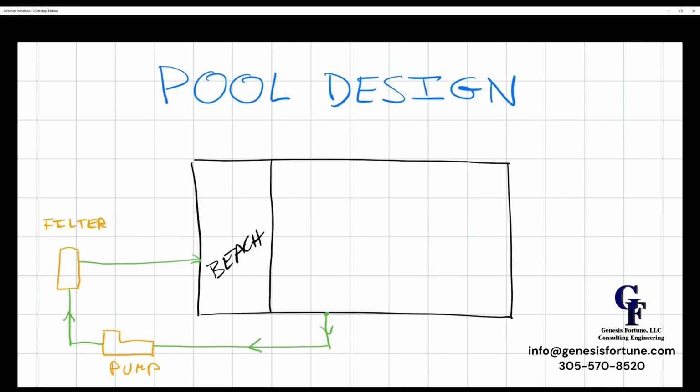So this is basic. You absorb water through the pump from the pool, it goes into a filter, and then goes back into the pool. So when we talk about returns, this would be the return. Return is the water that goes back into the pool.